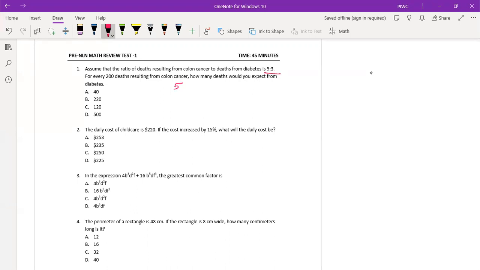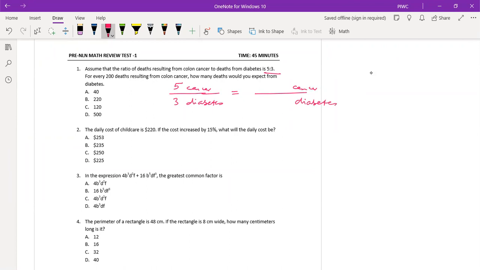So 5 cancer deaths to 3 diabetes. Set up the same ratio on this side, cancer to diabetes.